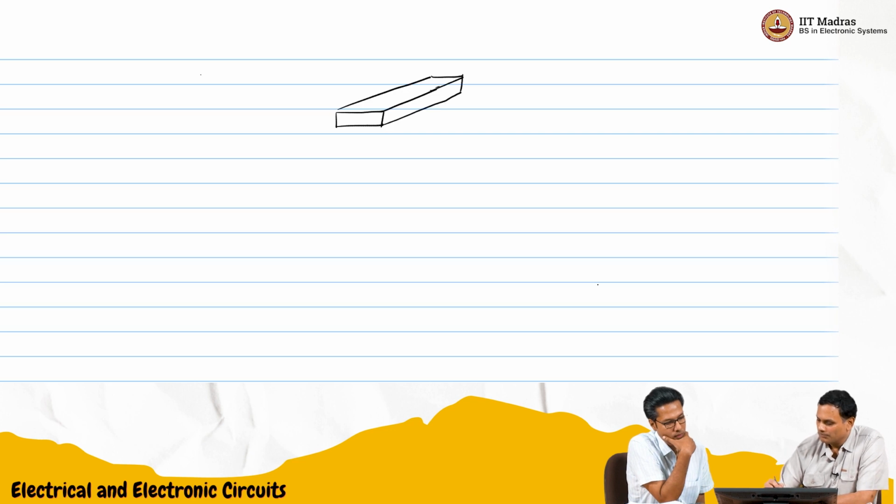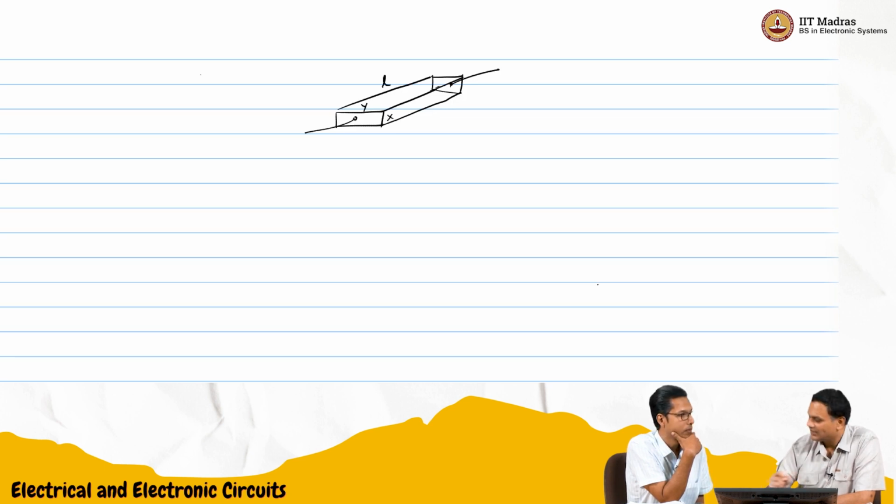So if current is flowing like this and coming out like that, from the center. And if this was, let's say, X and Y, and the length was L. The cross sectional area, we'll just shade that area.